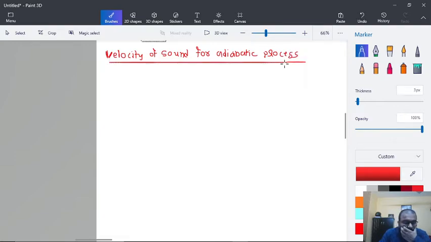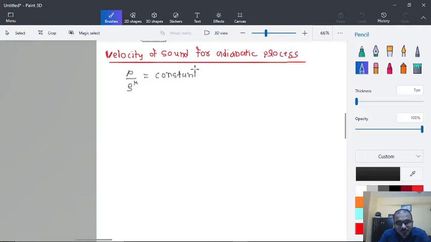So in such case, our fundamental formula, that is P divided by rho raised to K is equal to constant. So P into rho raised to minus K is equal to constant.